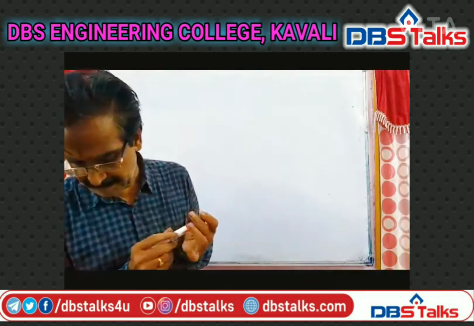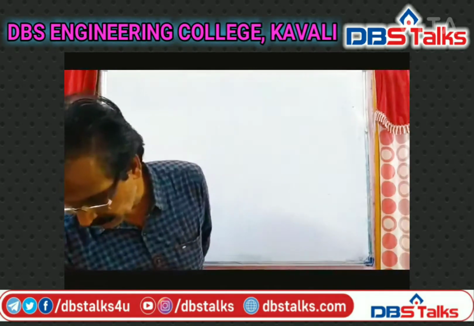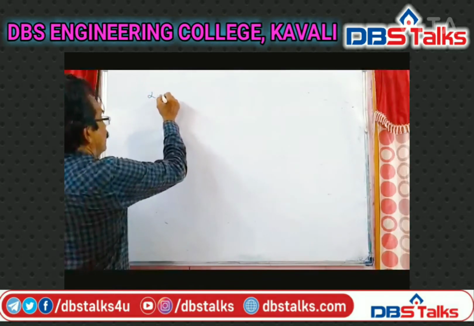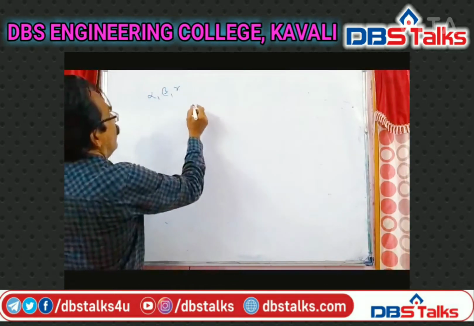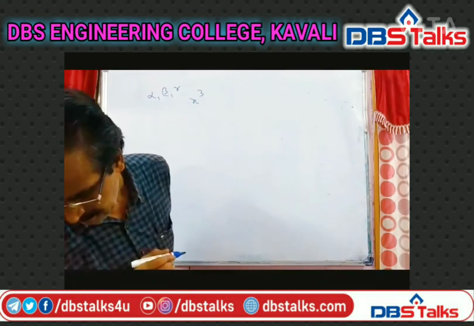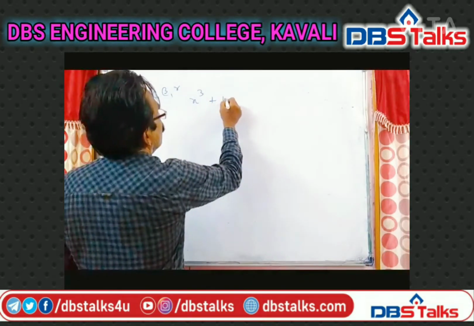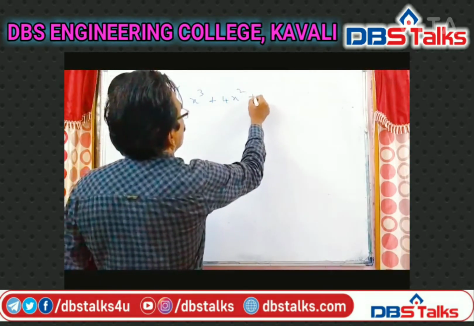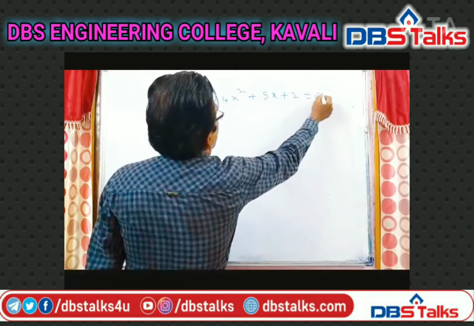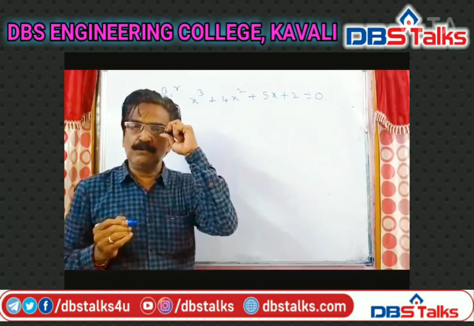Next problem, friends. Alpha, beta, gamma are the roots of the polynomial x cube plus 4x square plus 5x plus 2 is equal to 0.